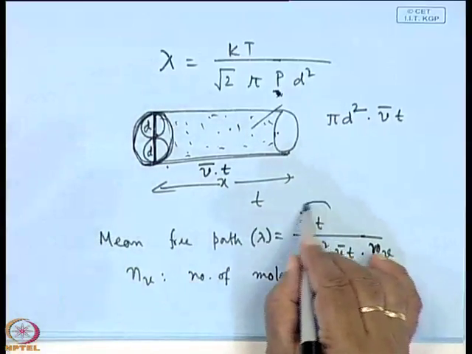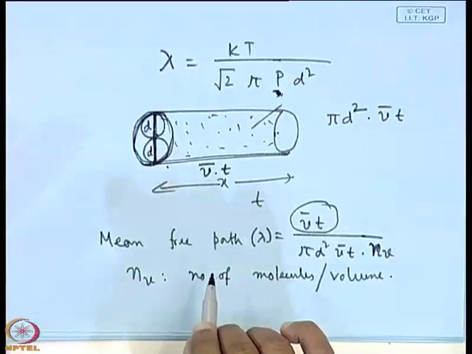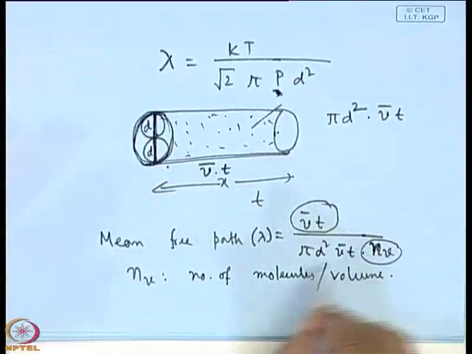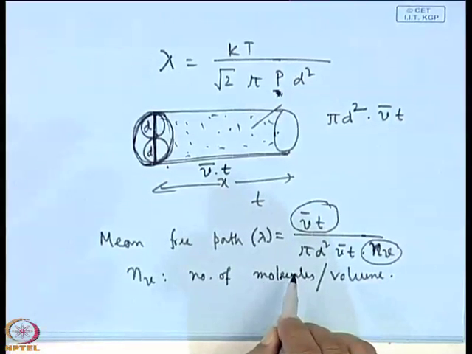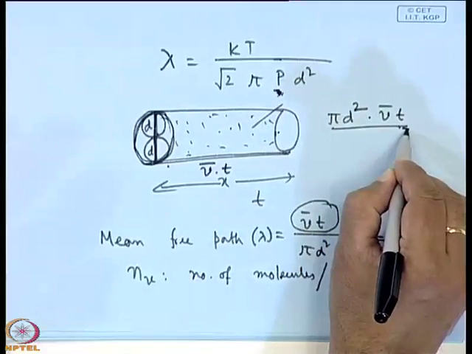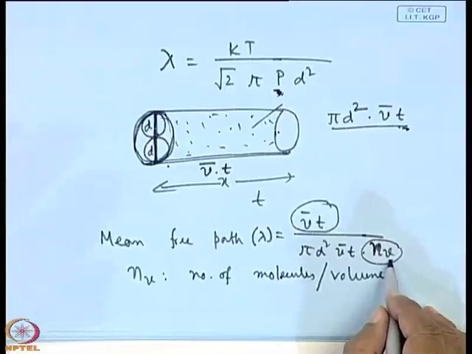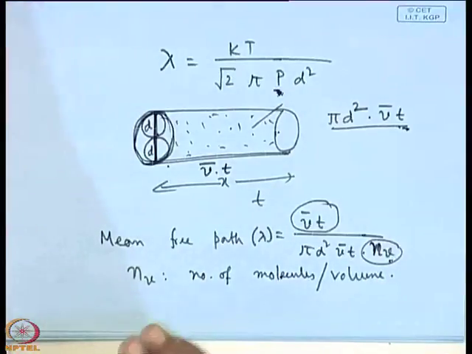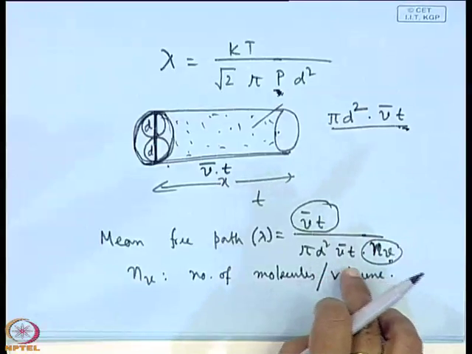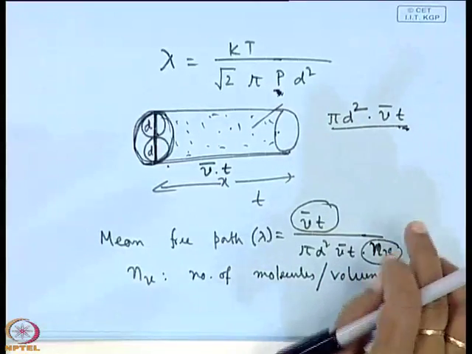And the number of scattering will be, n v is the total number of molecules per volume. What is the volume? Volume is this. If you multiply this volume with the number of molecules per volume, within that volume the total number of molecules will be pi d square v bar t multiplied by n v.